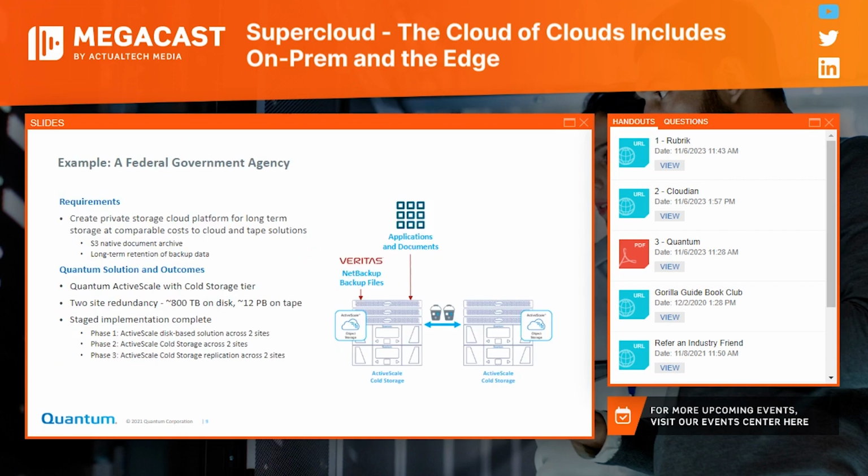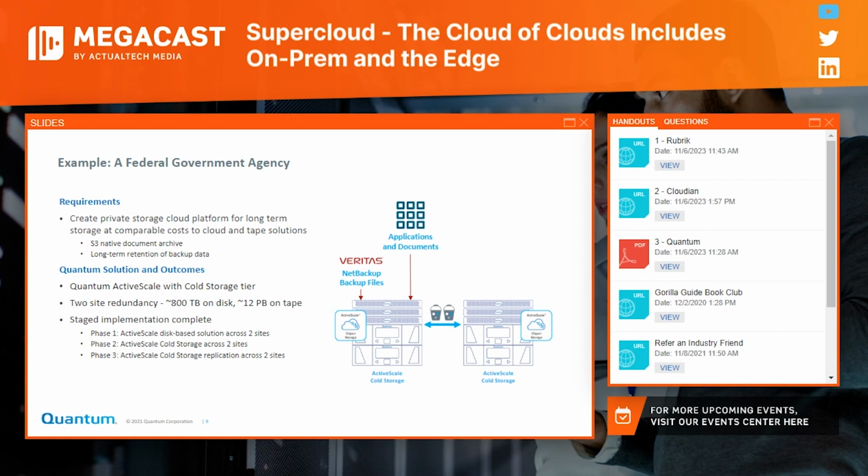Next slide, please. So here's just one example of a federal government agency. They have created a private storage cloud for the entire agency that is built as a document archive and the target for long-term retention of backup data. This uses a Quantum ActiveScale with a cold storage tier as well. It's a fully integrated solution that includes about 800 terabytes on disk and about 12 petabytes on tape.